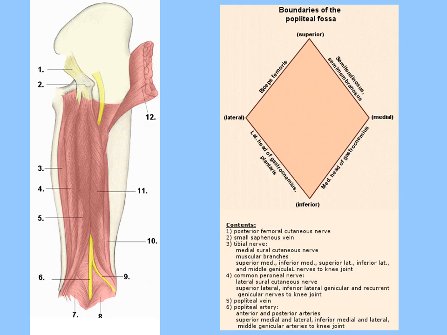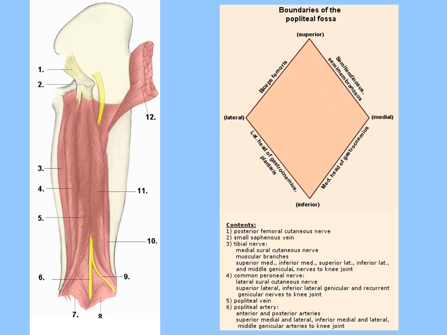There are a number of structures that run through or form the popliteal fossa. The floor of the popliteal fossa is the popliteus muscle. Running through the popliteal fossa includes the sciatic nerve, which then divides into a common fibular nerve or common peroneal nerve and a tibial nerve.